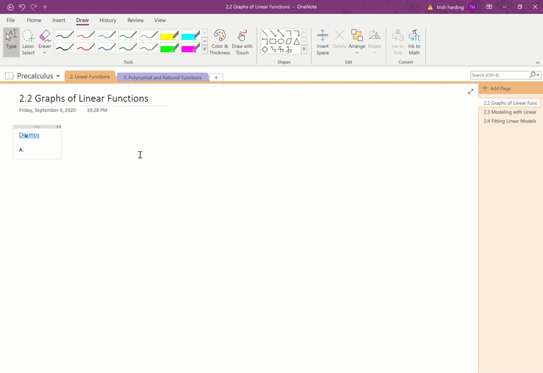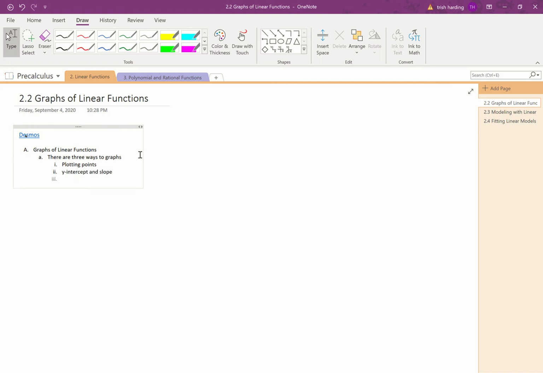So the first thing we're going to talk about is a graph of linear functions. If you want to graph something like this, there are three ways to graph it. Your first way is by plotting points. Your second way is by the y-intercept and the slope.